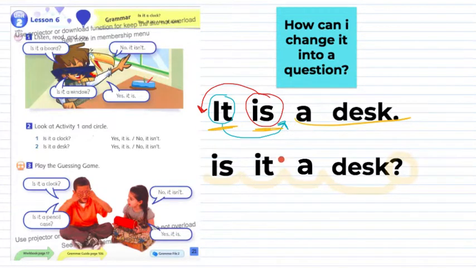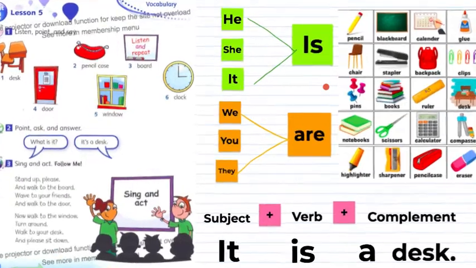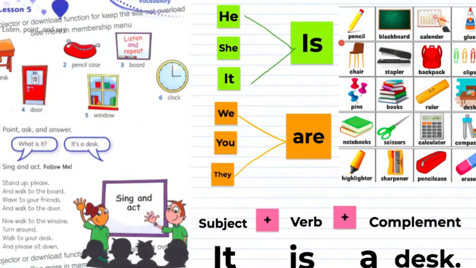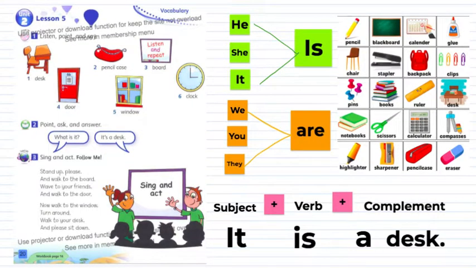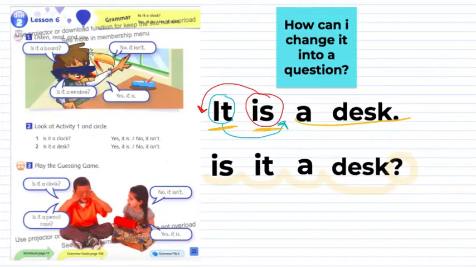So it goes like this: Is it a desk? So what about if we use the example of an eraser? Is it an eraser? Or what about if we use the example right here? It is a pencil. Is it a pencil? Okay, so this one is really simple, guys.